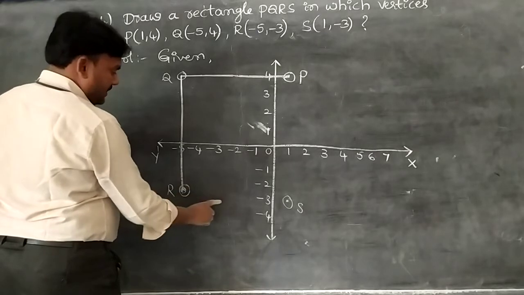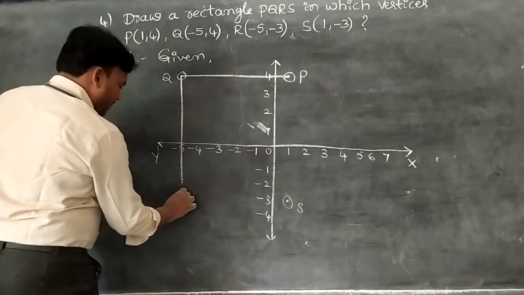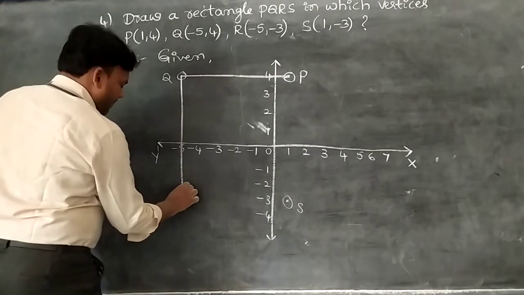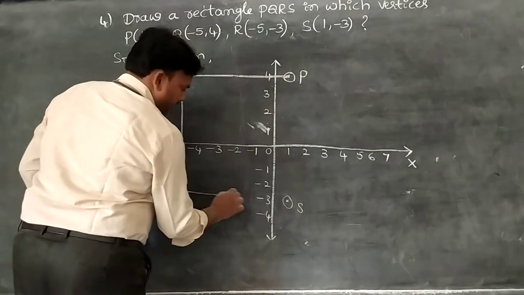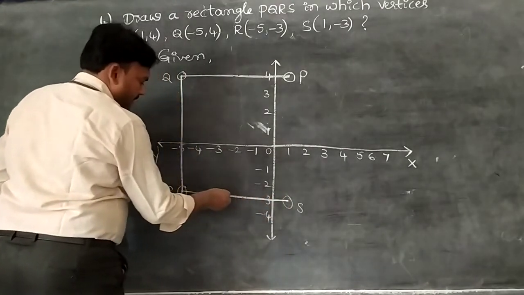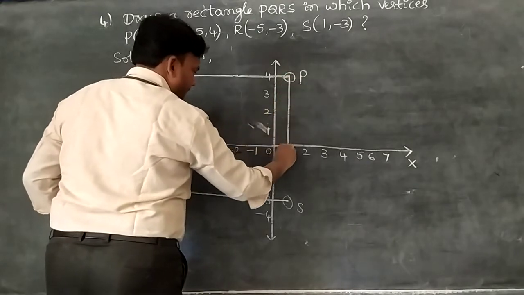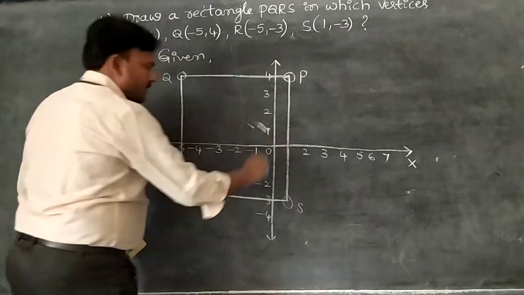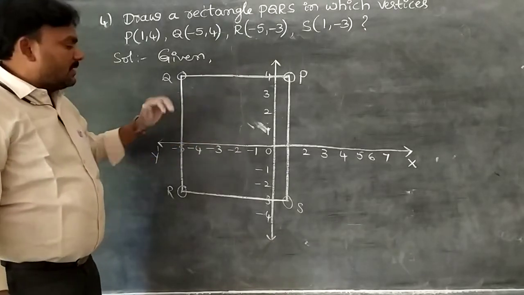Minus 5, minus 3. Take one more. Use a scale, you can get the best diagram, students.